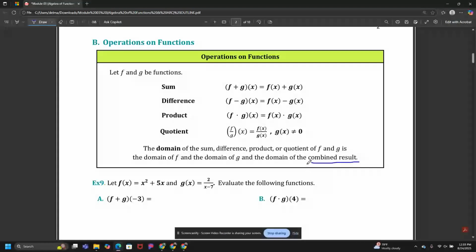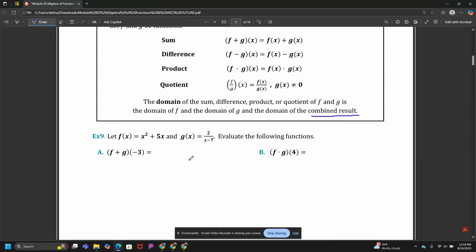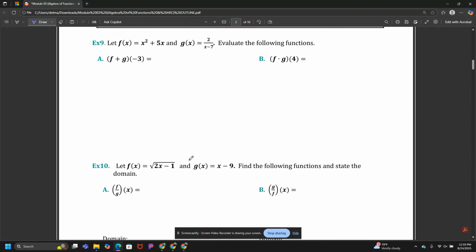Okay, so let's look at an example here to see that. So let f of x equal x squared plus 5x and g of x equal 2 divided by x minus 7. Evaluate the following functions.